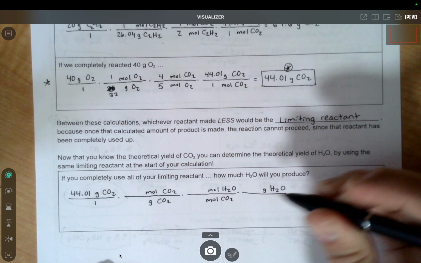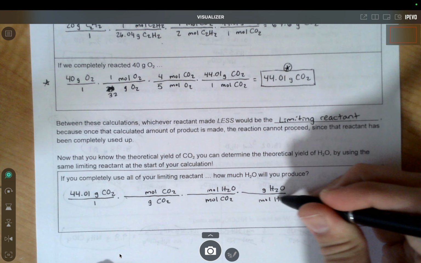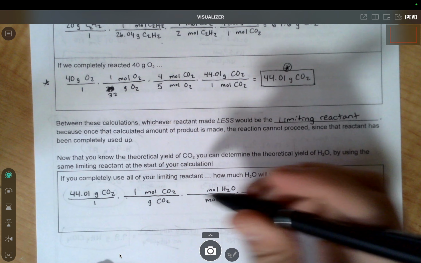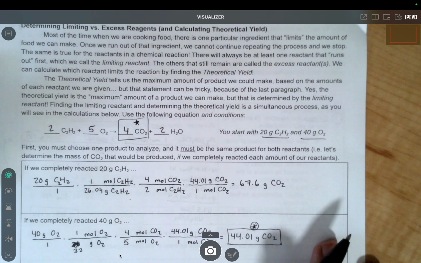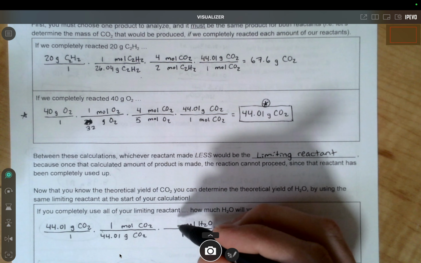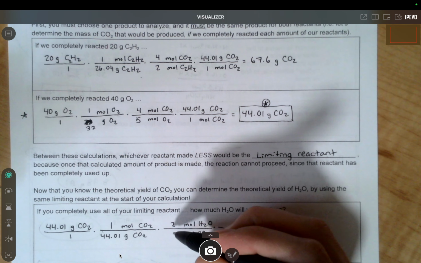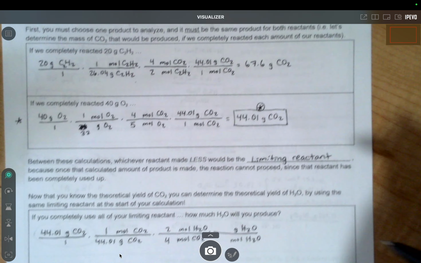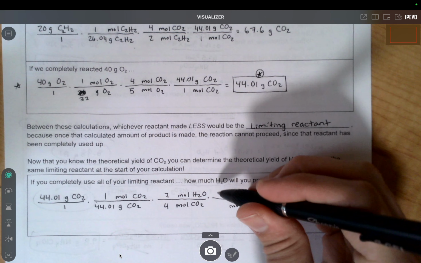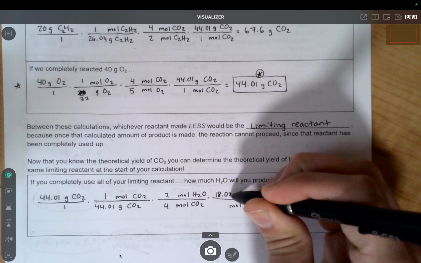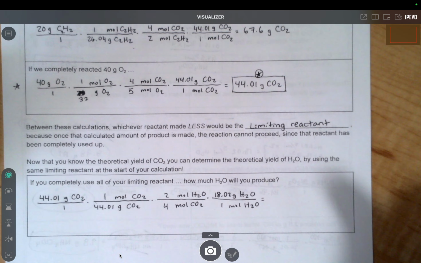Same with this, moles of CO2 and moles of H2O. Here we go. For every 1 mole of CO2, 44.01 grams. In this balanced chemical equation, for every 2 moles of H2O, I'm going to use 4 moles of CO2, or excuse me, also produce 4 moles of CO2. And if I'm going to 18.02, 1 mole.